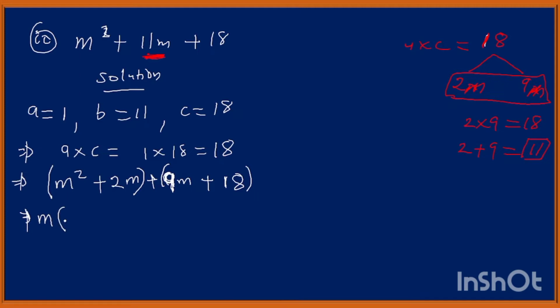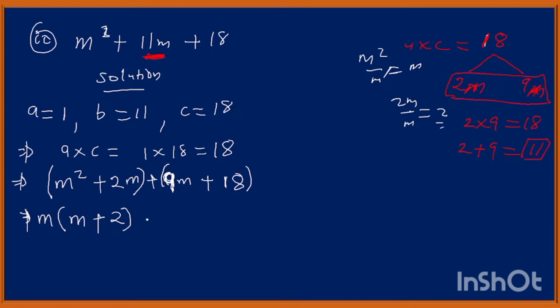This is the factorization process. m squared divided by m gives m, and 2m divided by m gives 2.